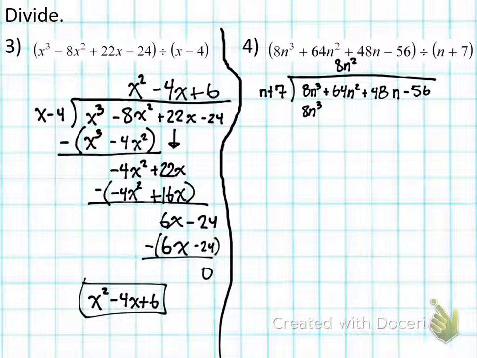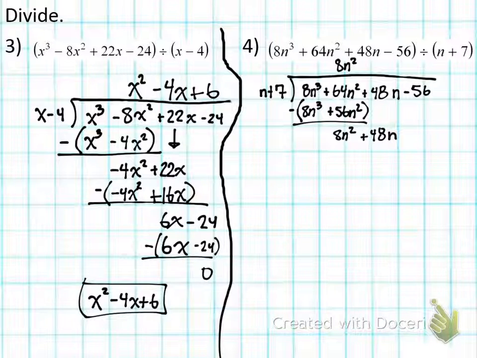This is where I think you messed up copying from before. Then subtract: 8n cubed minus 8n cubed is 0. 64 minus 56 is 8n squared. I think you put a minus sign someplace in there. Okay. Plus 48n.